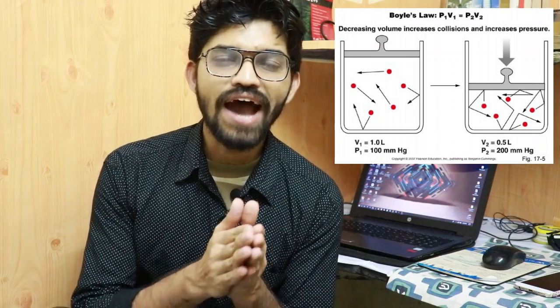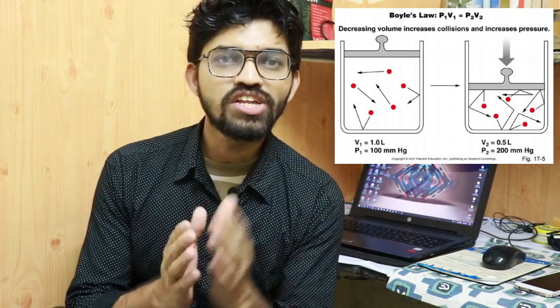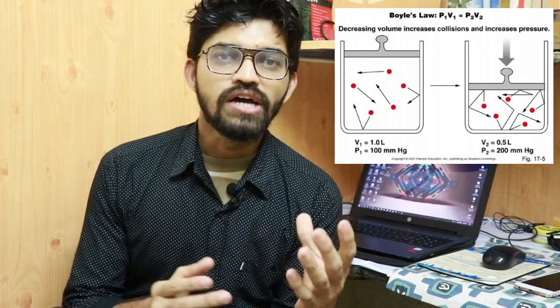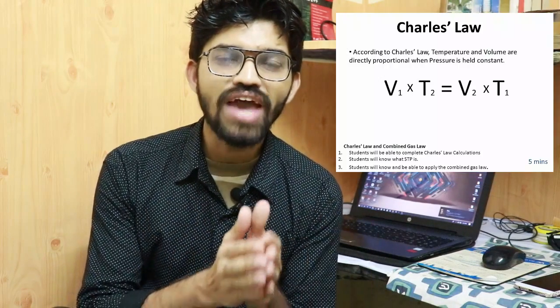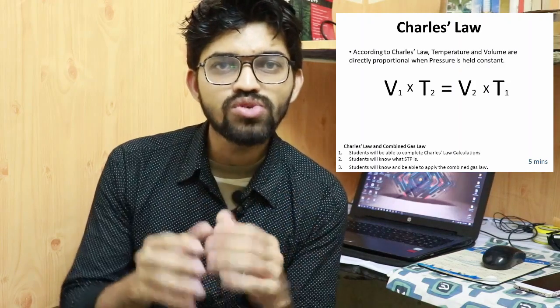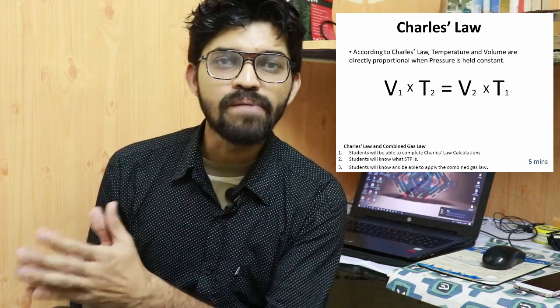So guys, in our previous videos, in the case of Boyle's law, we have seen that as the pressure increases, the volume reduces. We relate pressure and volume. In the case of Charles' law, we relate volume to temperature. As the temperature increases, volume also increases; gases expand.